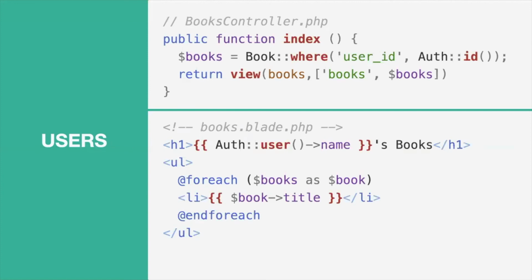Okay, and for this book controller.php and the books blade PHP, we do need to apply these methods for the project? Yes, you will need to apply this. Now, obviously, you wouldn't have a books controller, you might have a lists controller or groups controller, whatever you call it.